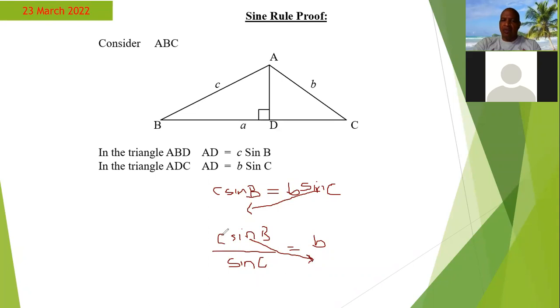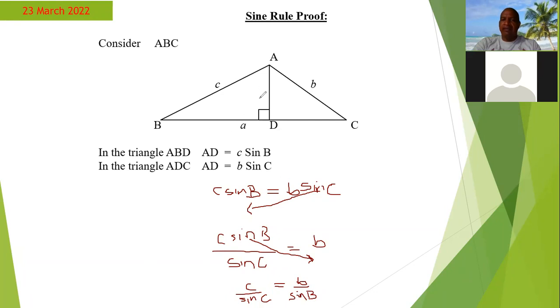So now we would have C over sine C on the left, and on the right we would have B over sine B. Here you are seeing how the sine rule is coming about.